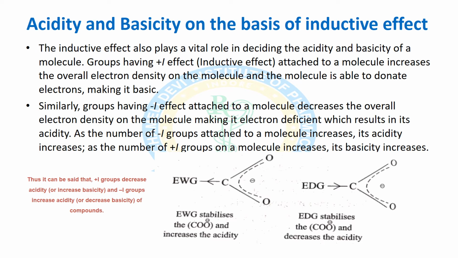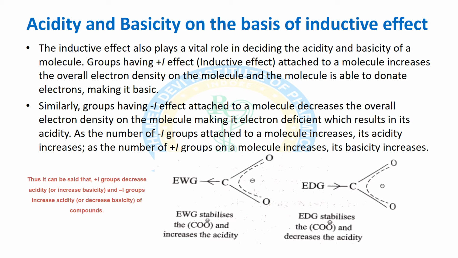If groups having a plus I effect are attached to a molecule, they increase the overall electron density on the molecule, and the molecule is able to donate electrons. Whenever there is donation of electrons, it is known as a base. So the molecule converts into a basic moiety.